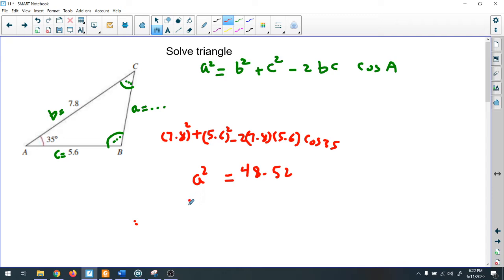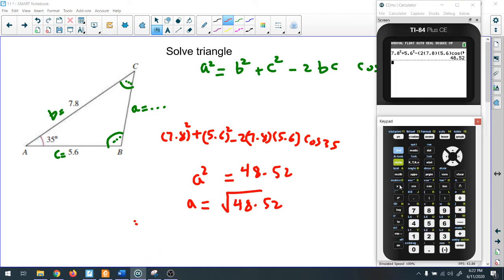Then if we want to find a, just take the square root of 48.52. Back again to the calculator, second, x squared, and then we do that for 48.52. It's about 6.965.